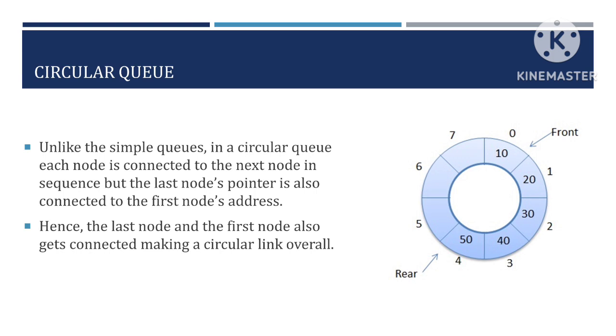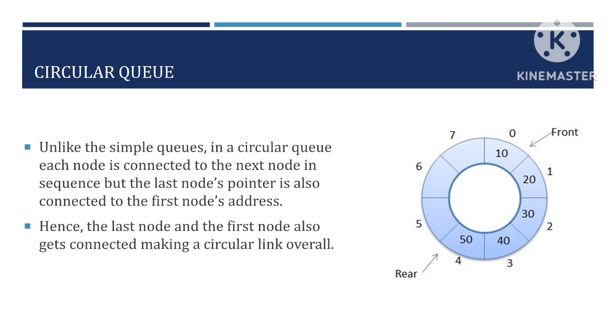Then the second type is circular queue. Unlike normal queue or simple queue, in a circular queue each node is connected to the next node in sequence, but the last node's pointer is also connected to the first node's address, which is missing in the simple queue, and that makes the queue circular.